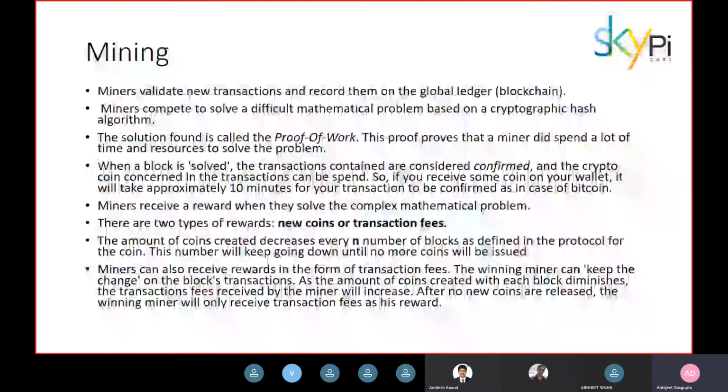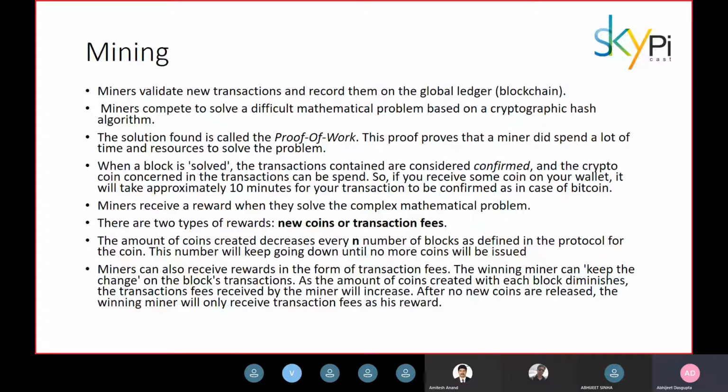Just to recap, we are only going to talk about mining in our future slides, because we are going to be using the FLO blockchain, which actually uses proof of work and uses mining rather than forging or proof of stake.